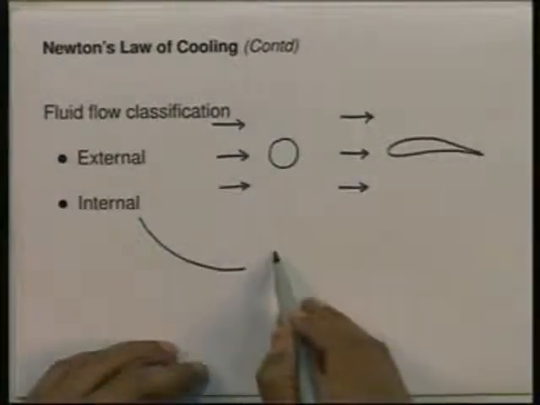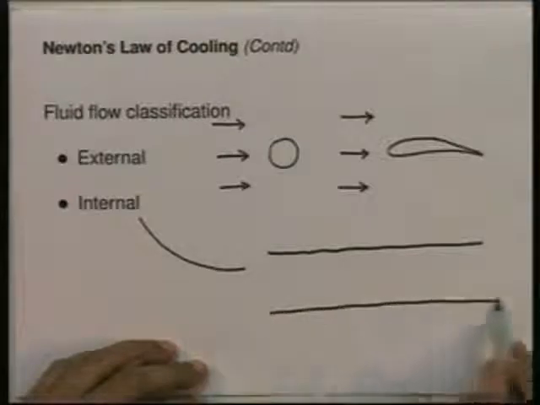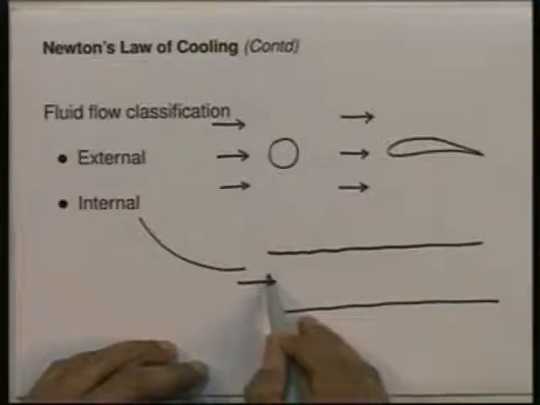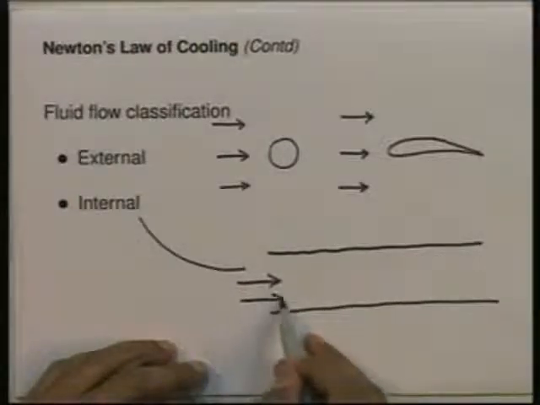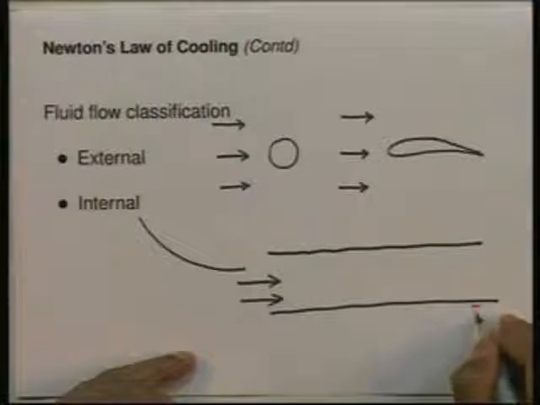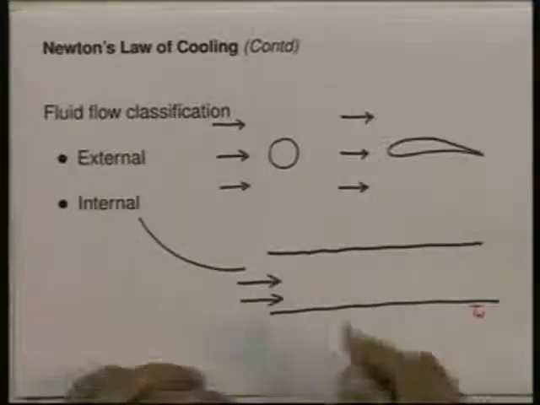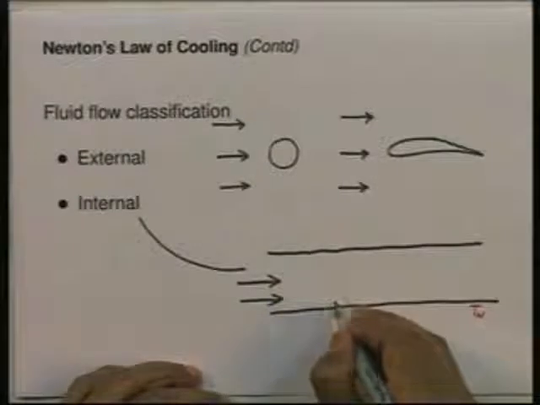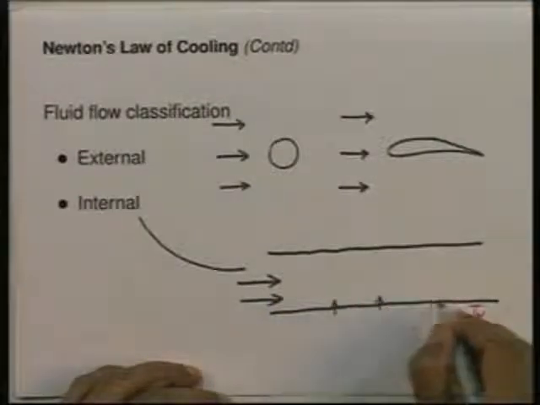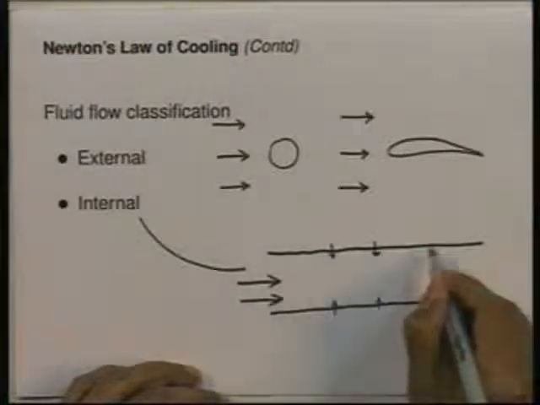For instance, let us say I have a tube like this, and I have water flowing inside this tube, and the wall of the tube is at some temperature Tw, so that heat flows from the wall to the fluid. All right. Now, this is called an internal flow.